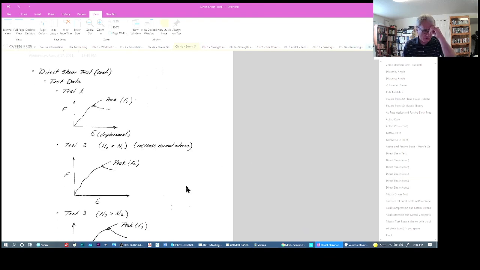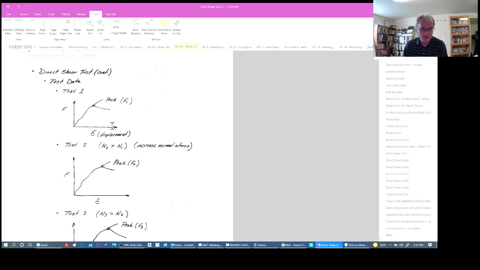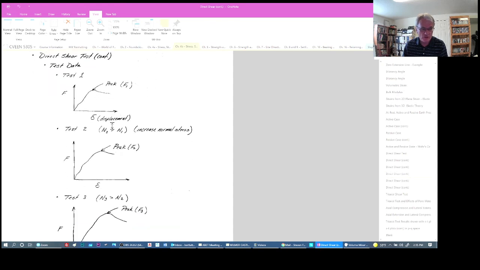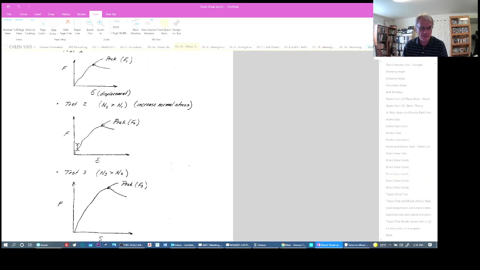Initially we start at a fairly low normal force, and we watch it shear. It might reach a peak and then start to decline somewhat, and we'll pick that peak as the peak shear force. We run another test where we increase the normal stress. So the normal stress for test number 2 is greater than number 1, and we repeat the test and shear.